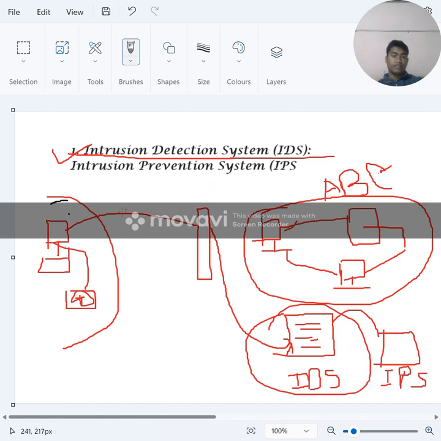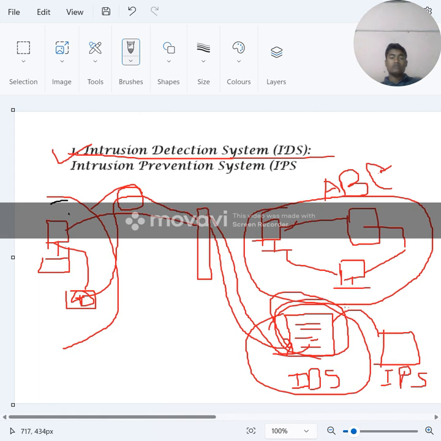If a malicious packet passes the firewall, it goes to the IDS, and the IDS sees that it is malicious, but it does not prevent it. The prevention has to be done by the IPS.